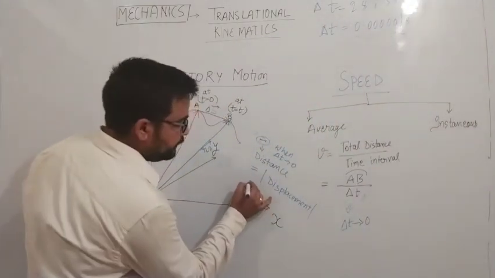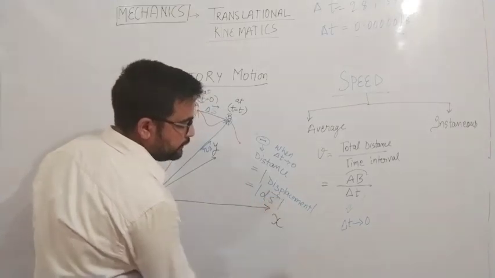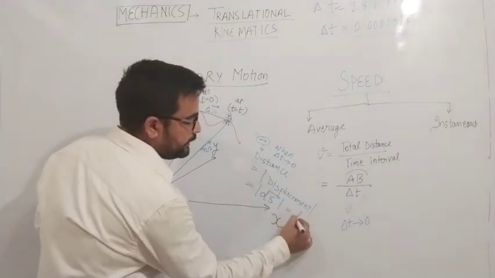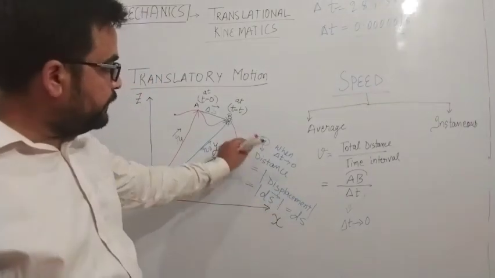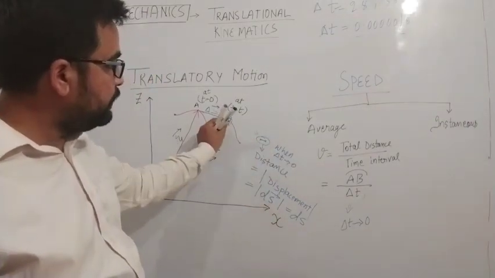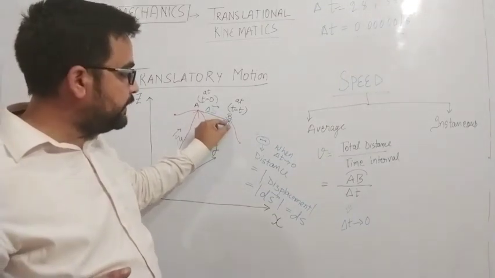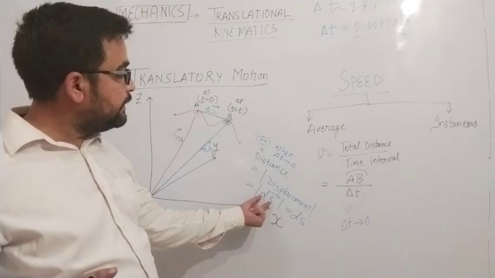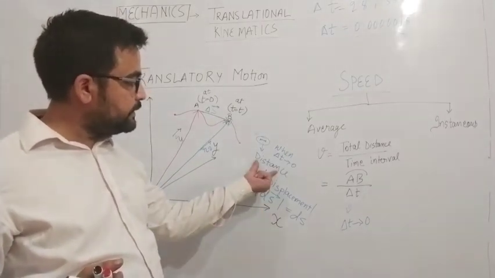So that is the magnitude of displacement, ds. I can simply write it as ds, because when delta t is very small, that is time interval dt, we have displacement as ds. So the magnitude of ds will be equal to distance.